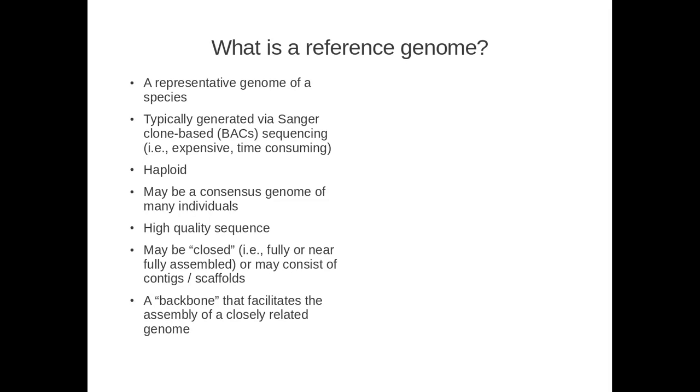So, just for an example, I'm working on a project on the date palm, which is a plant, a major crop in the Middle East, where I work with my colleagues at NYU Abu Dhabi, and we're sequencing 100 date palm varieties, what we call the 100 Dates Project. But in this project, we're using a reference genome that consists of 57,000 pieces, little bits of sequence that have been assembled.